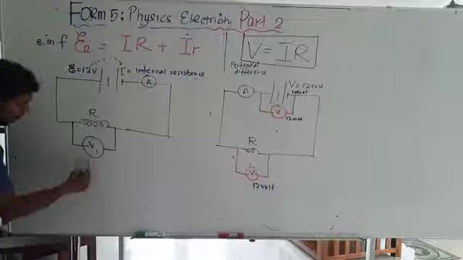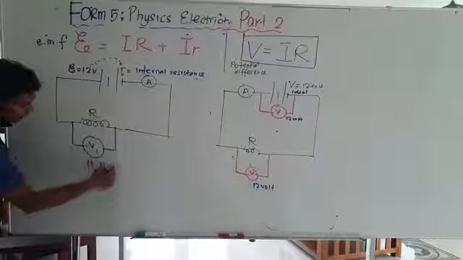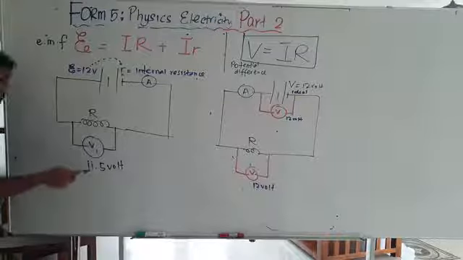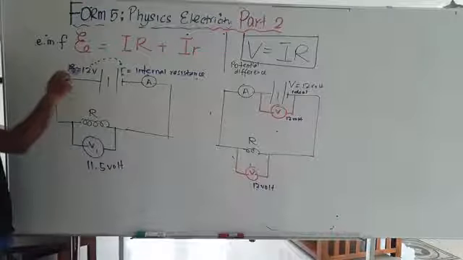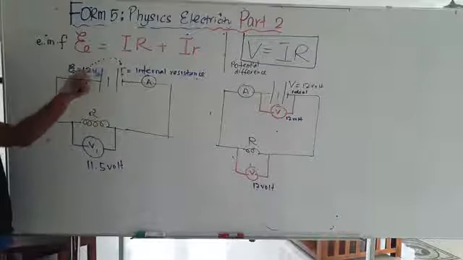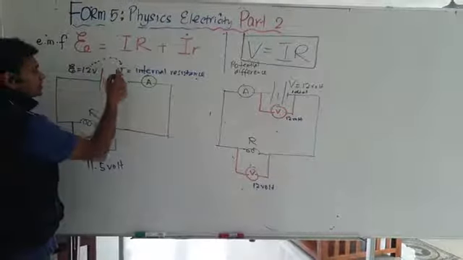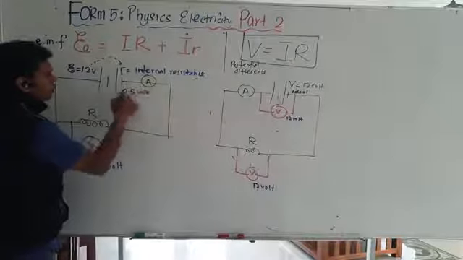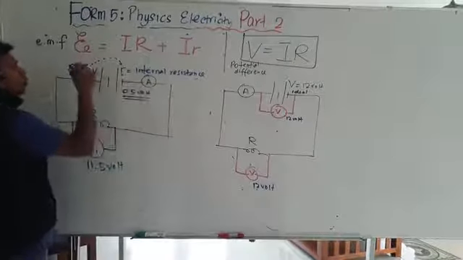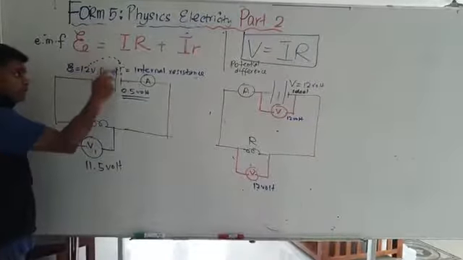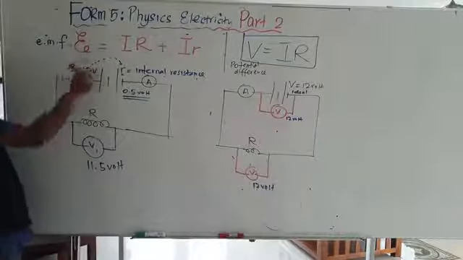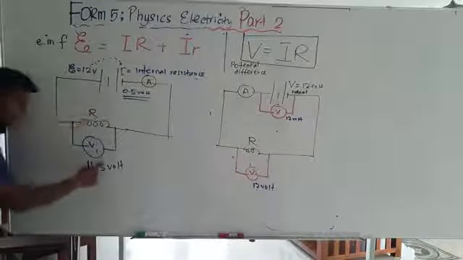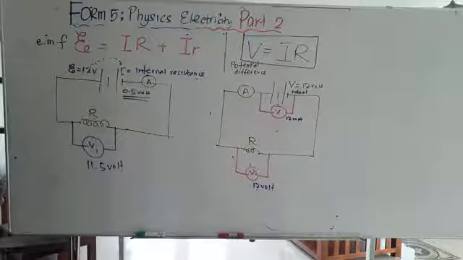Here it might become 11.5 volts. You getting it? Now why 11.5 volt? Because part of it has been used inside here. So how much has been used inside? A balance of 0.5 volt has been used to overcome this resistor inside this battery. Are you following me? So therefore, when you add up both, you're going to get 12.